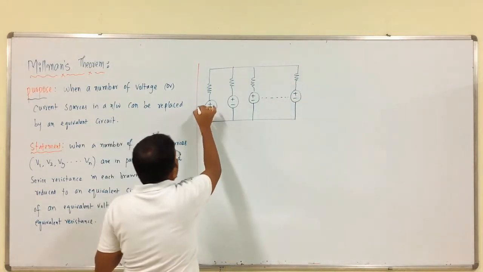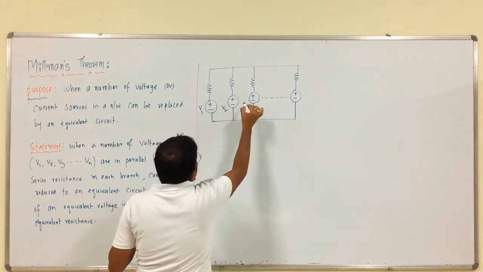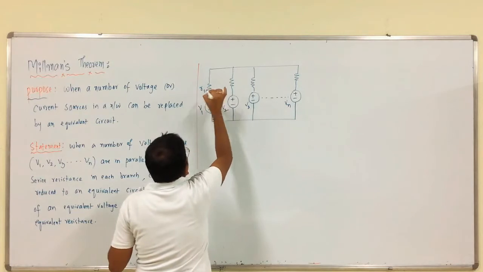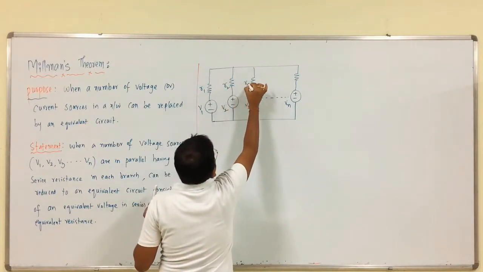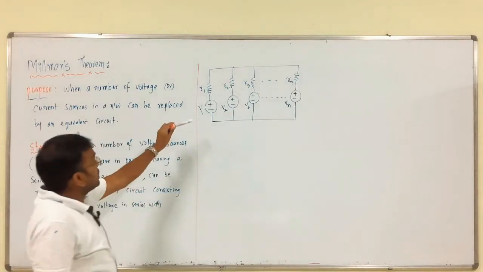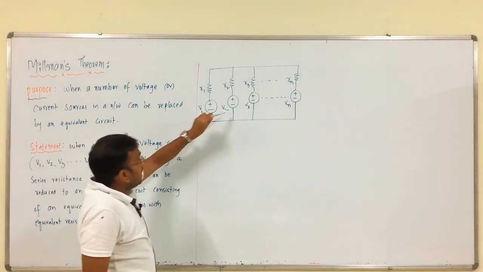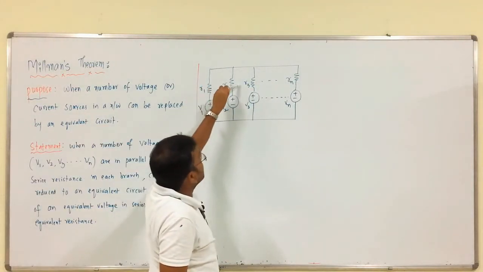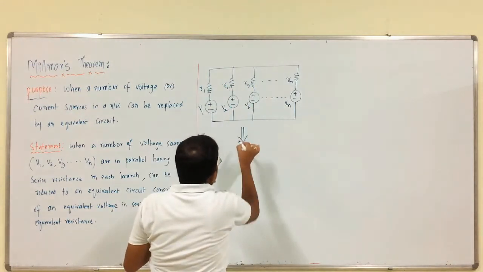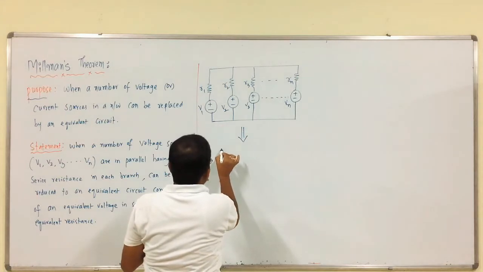right, this is V1, this is V2, this is V3 up to Vn, this is R1, R2, R3 up to so on Rn. That is, when a number of voltage sources which are connected in parallel having series internal resistance in each branch can be replaced by an equivalent circuit, right?